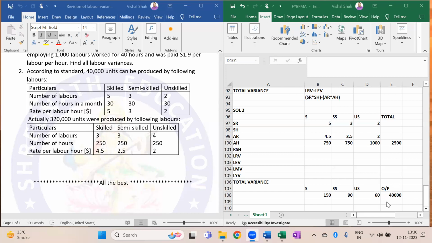Okay. And actually, we made 3,20,000 units. So how much will this be?